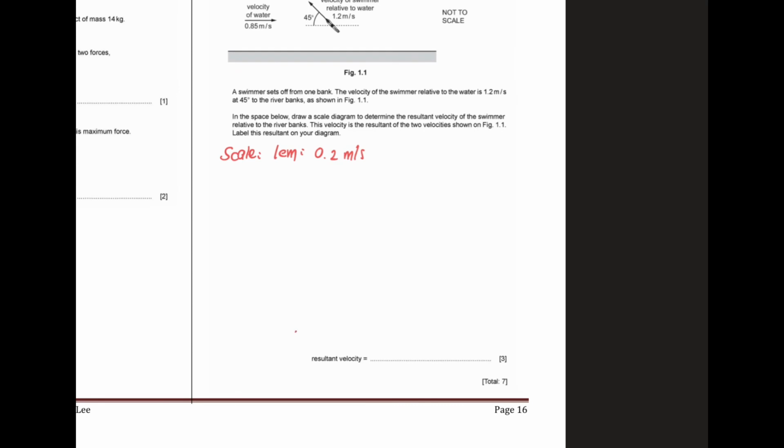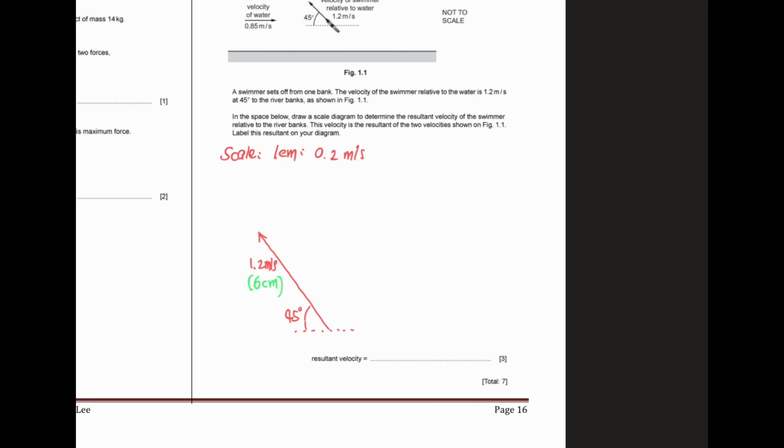So you have to use protractor to help you. Draw 6 cm, measure 45 degree, and label this 1.2 meter per second.